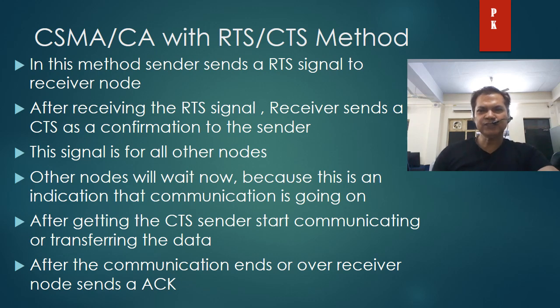This signal is for all other nodes also, to let them know that some communication is going on, so other nodes will wait. After getting the CTS signal, the sender starts sending the data to the receiver. Once the receiver receives the data, it sends an acknowledgement signal to the sender.